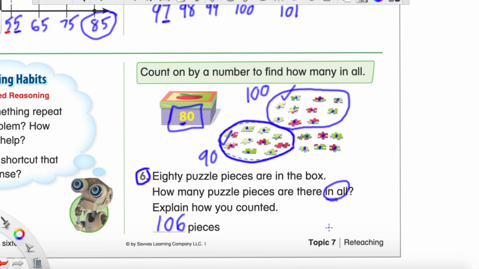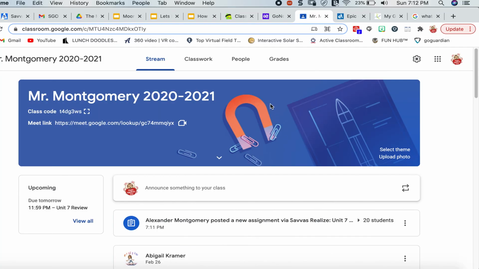Okay? Now that is our review pages all done. For my friends in my classroom, I have an activity set up on our SAVVAS website, all set for you. Okay, my class, make sure that you're ready to follow along for the next step of instructions for your activity that I have set up for you.